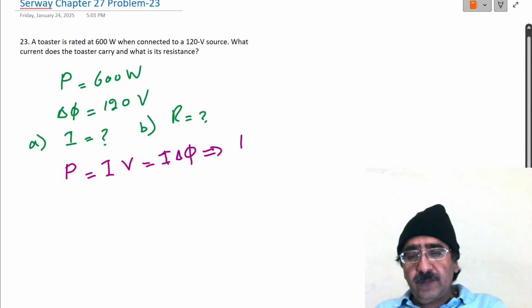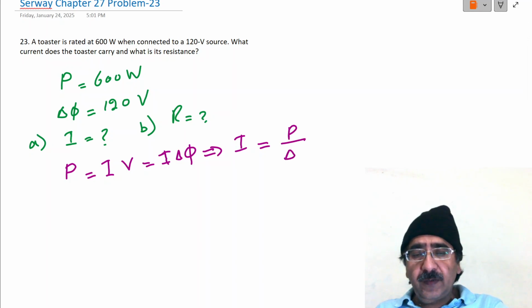This implies that the current is equal to P divided by delta V.